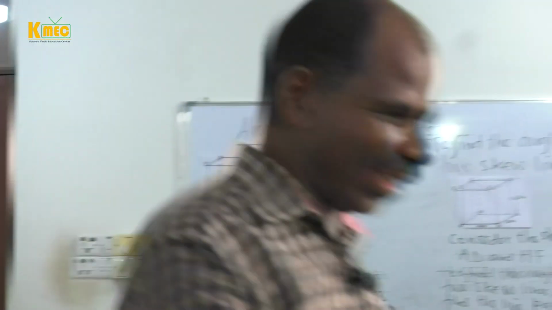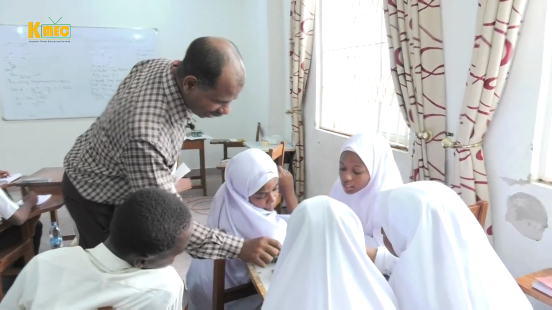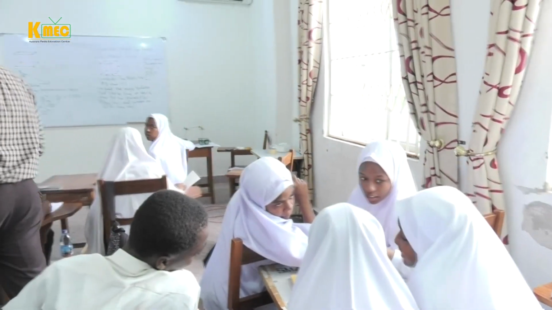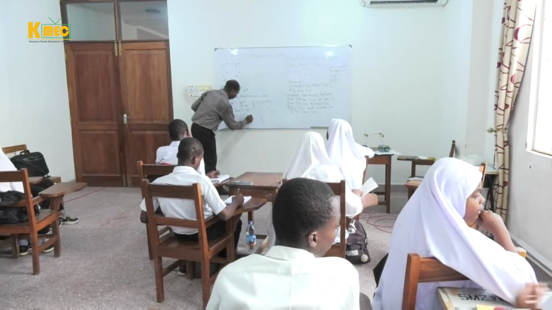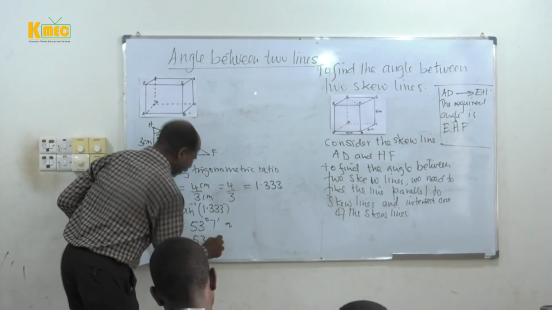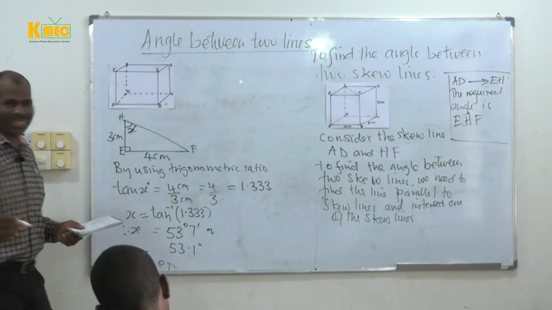Or you can write it also in decimal. Can you press this symbol? Press this, you see decimal. So now, in decimal, what is it? 53.1 degrees. So this is the value of X degrees.